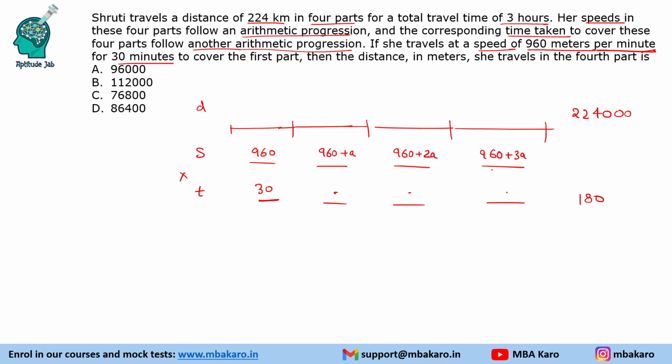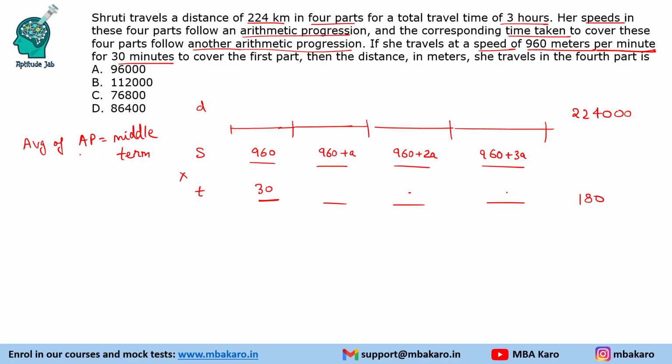Now some people will put 30 plus t, 30 plus 2t and then solve. Instead of that, remember that the average of an AP is equal to the middle term.